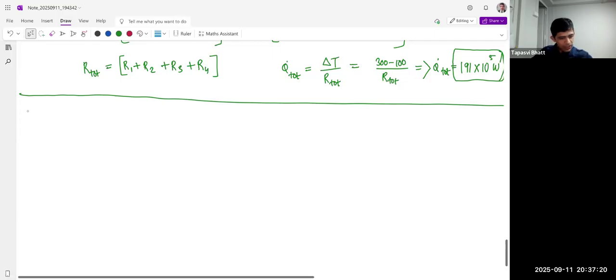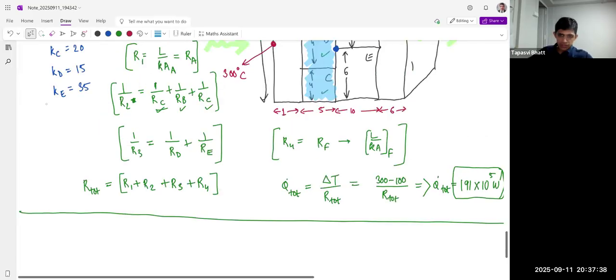Next problem says to repeat this problem assuming the thermal contact resistance at the interface of D and F, and E and F, is something. So it's again very simple.